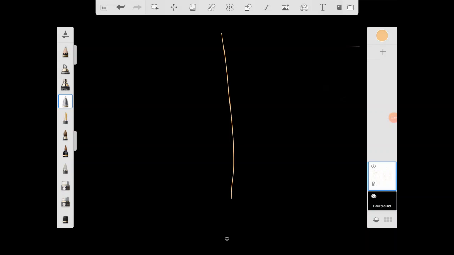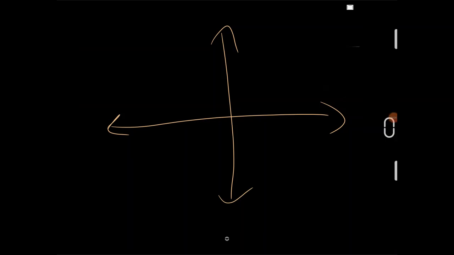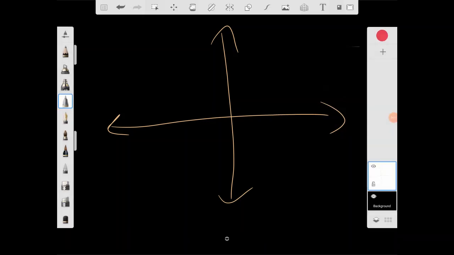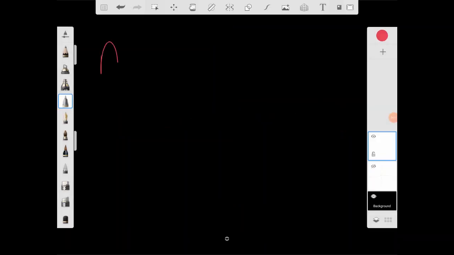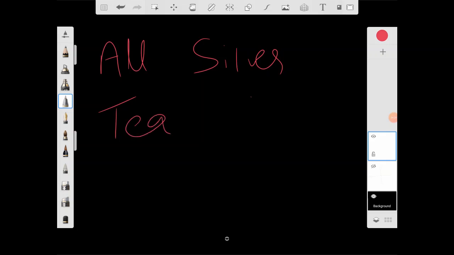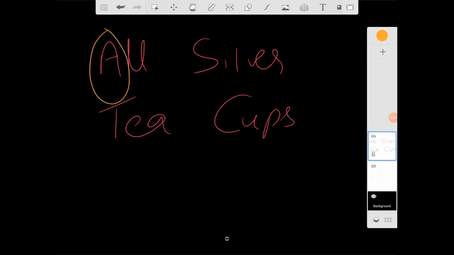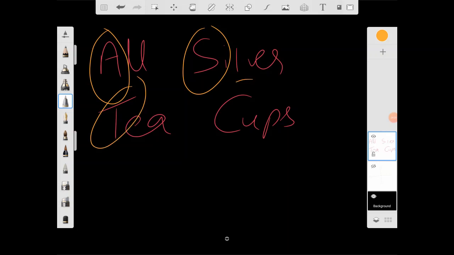One short form to remember this is, there are many short forms. One is the famous short form: All Silver Tea Cups. If you take the first letters, A, S, T, C, you will understand which is positive in each quadrant.